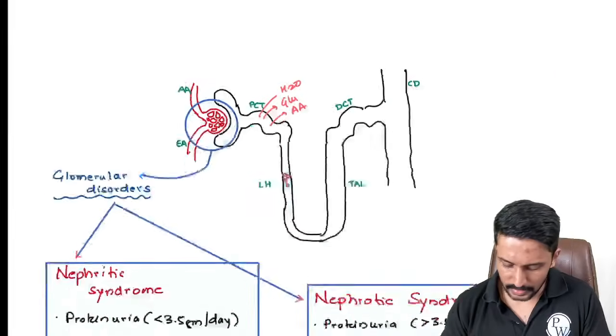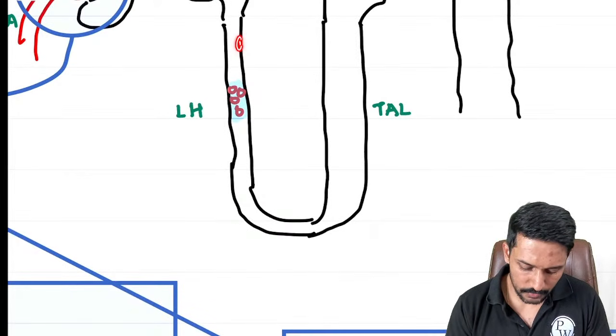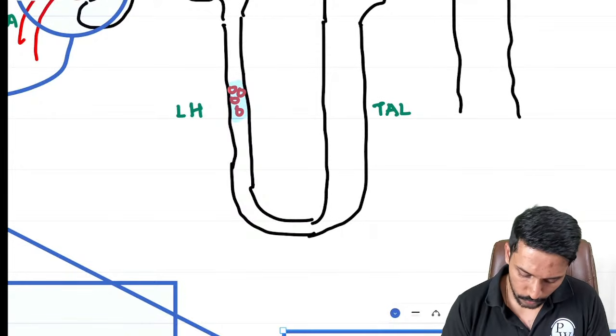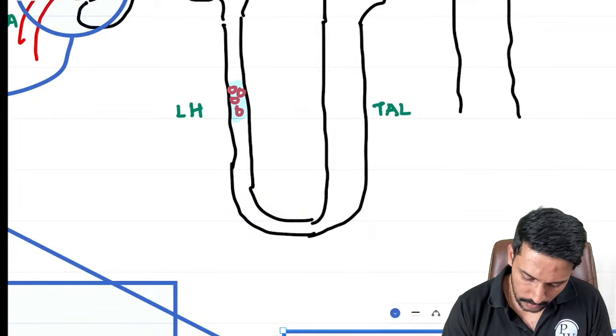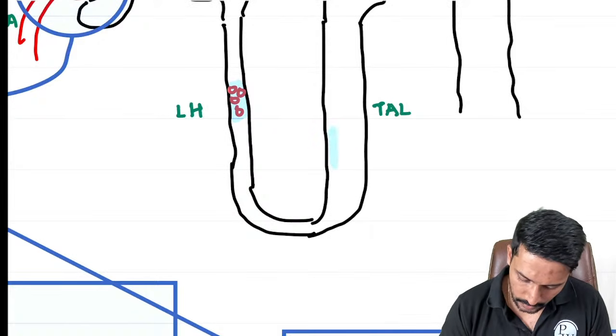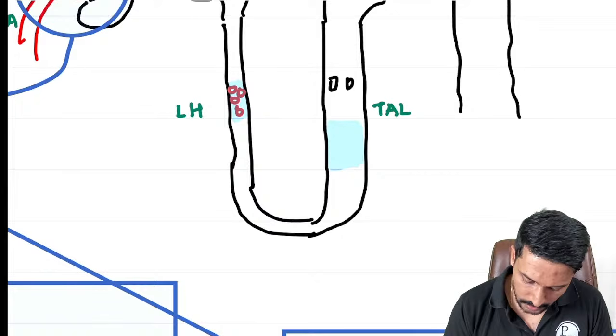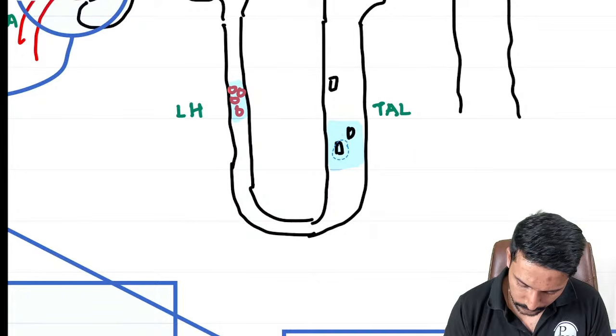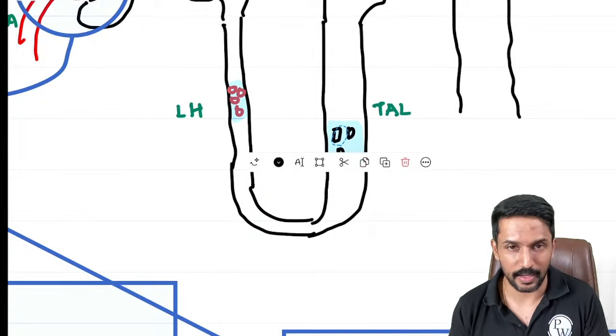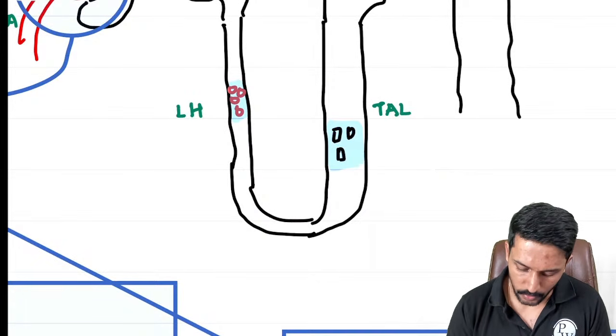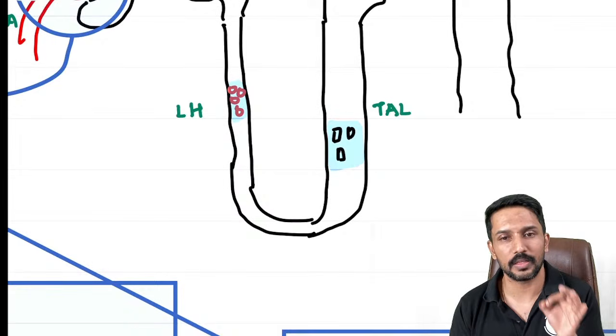These tubules also have cells, right? Epithelial cells. When they get shed, because there is formation of the so-called hyaline casts, these epithelial cells which are shed will also get impregnated on the Tamm-Horsfall protein sheet or hyaline cast, and now this cast becomes what is called a renal tubular epithelial cell cast.